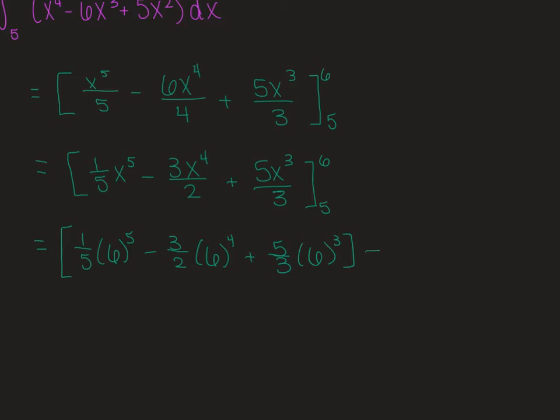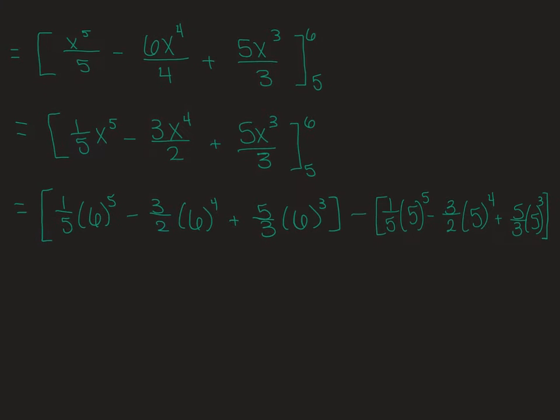And I'm going to subtract when I plug in my lower bound. So I have 1/5 times 5 to the 5th minus 3/2 times 5 to the 4th plus 5/3 times 5 to the 3rd. So I've plugged in my upper bound minus plugging in my lower bound.